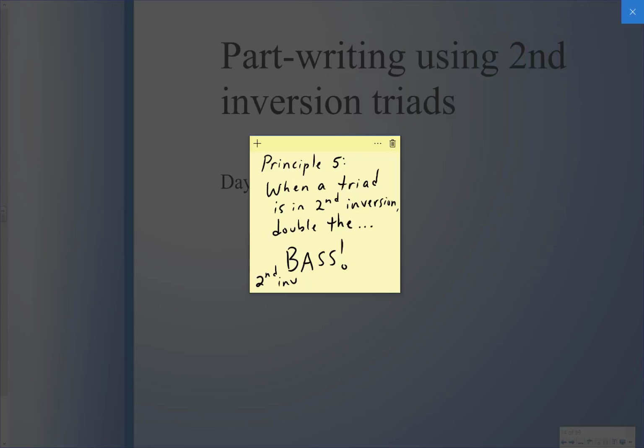Second inversion means that the fifth is in the bass. Okay, so make sure you copy that down. Principle 5, when a triad is in second inversion, double the bass.